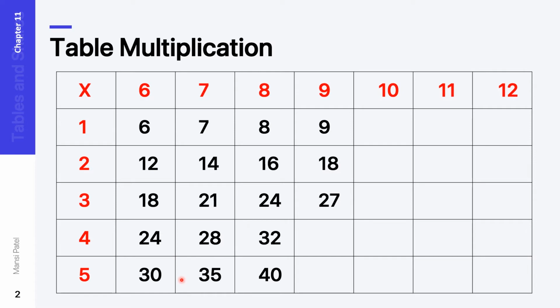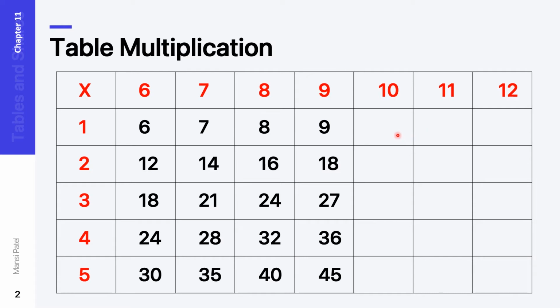So 9 3s are 27. Then 9 is there and another number is 4. So 9 fours are 36. And in the last 9 and 5 are there. So 9 fives are 45. So this is the table multiplication.